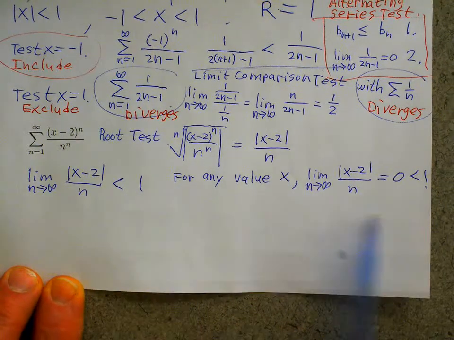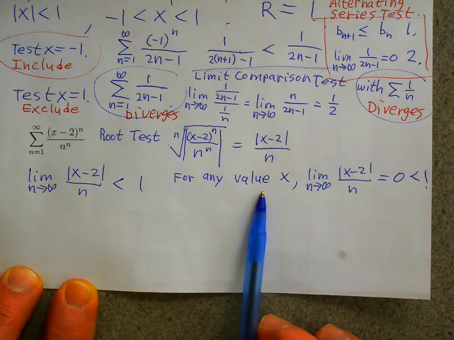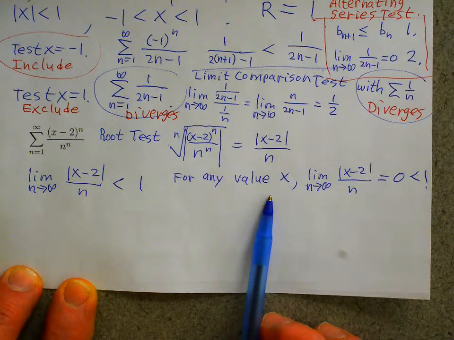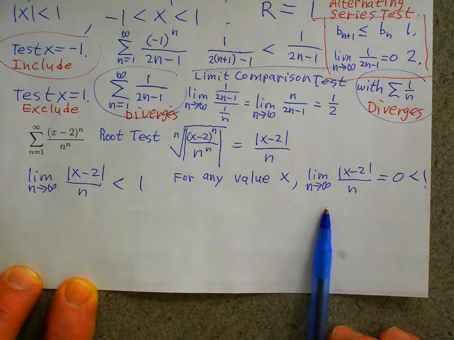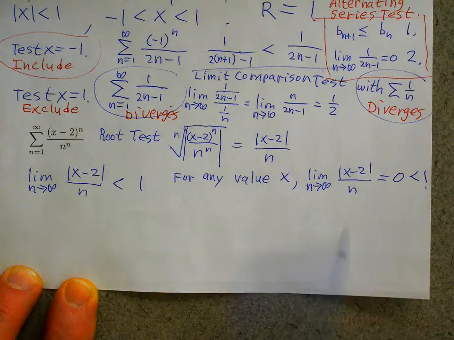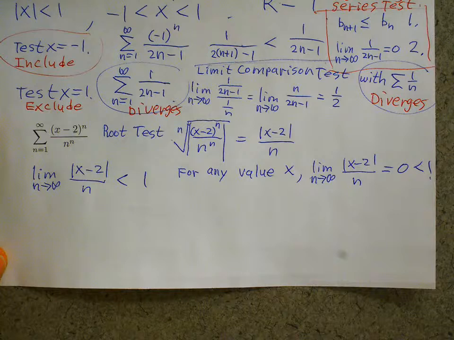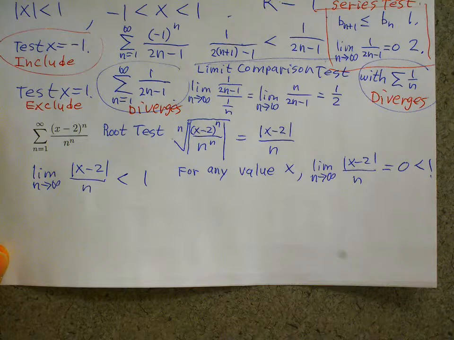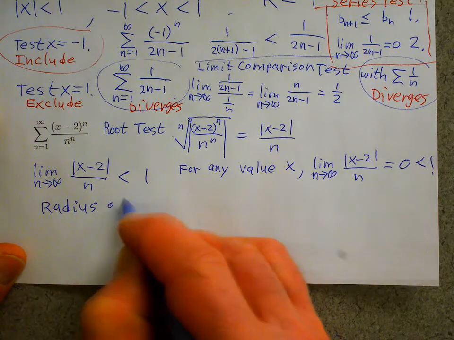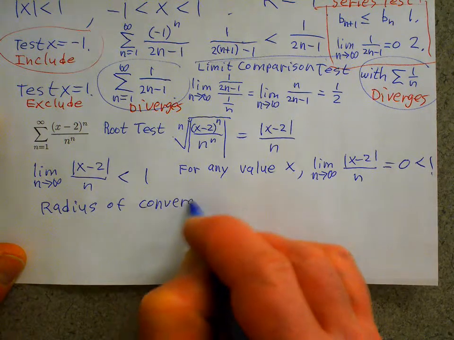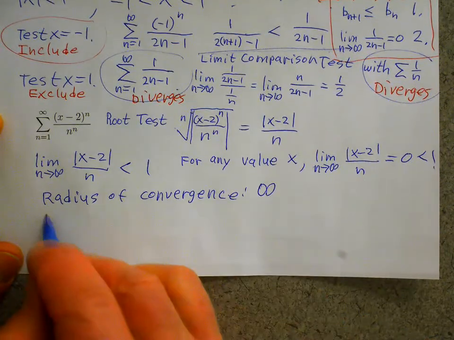So what does that tell us? That tells us that the radius of convergence is infinite, and the interval of convergence is all real numbers. Okay, radius of convergence is infinity, and the interval of convergence is all real numbers.